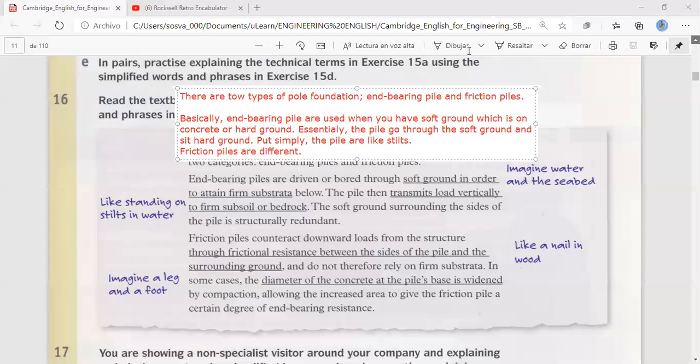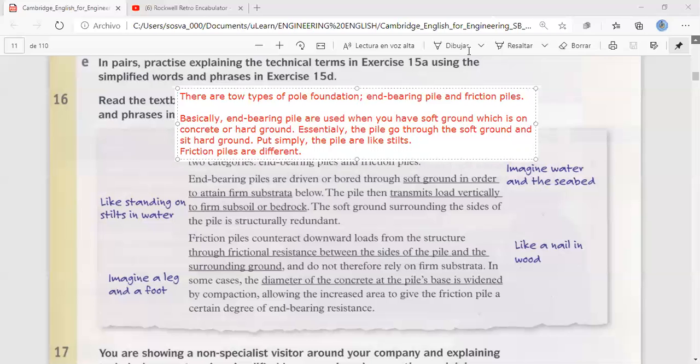Friction piles are different because in this case the pile drills underground.